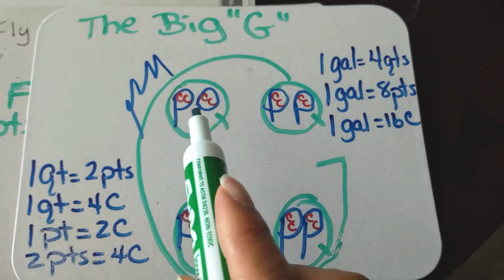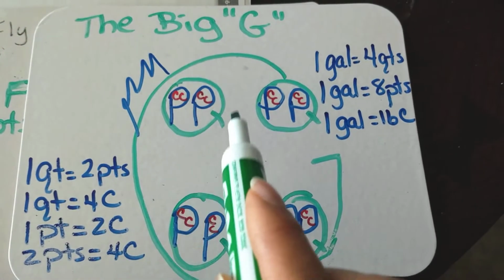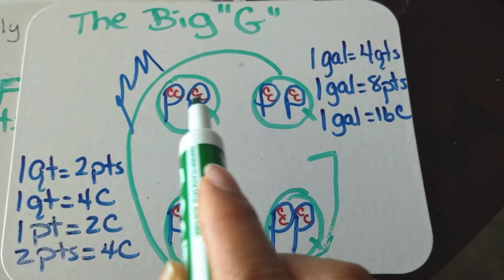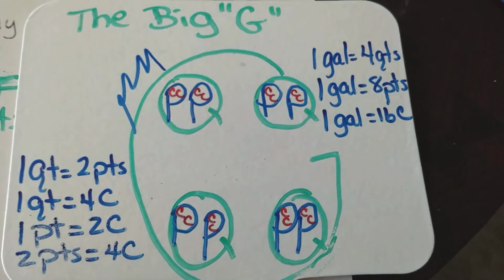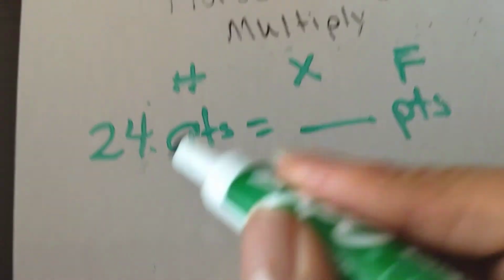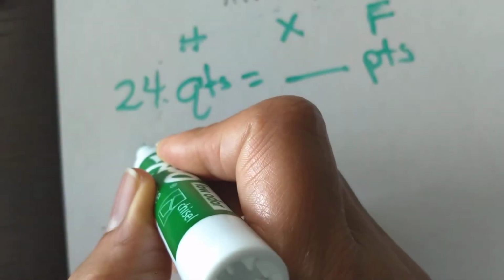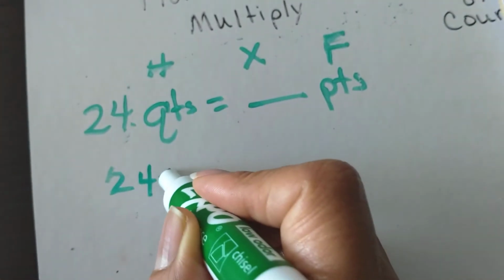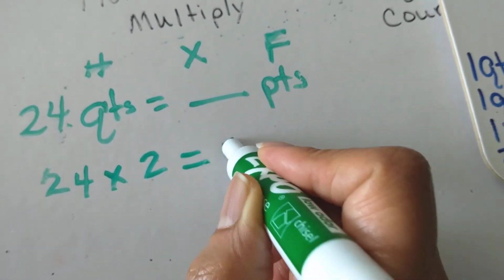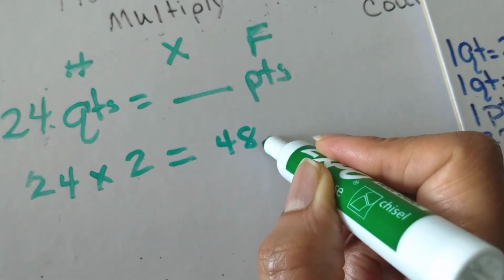Because you have what? 2 pints equals 1 quart. That's because one queen has what? A prince and a princess, right? All right, so that's the number that we need to multiply by. So 24 times 2 is equal to 48, right?